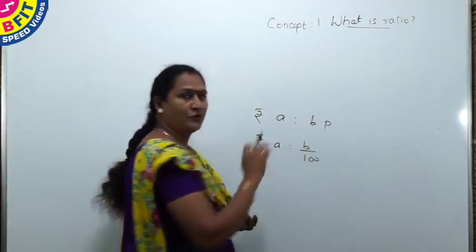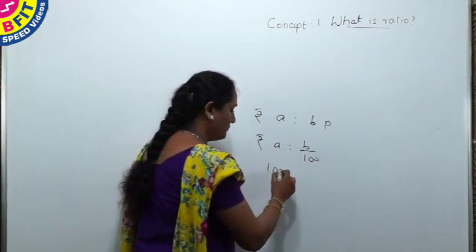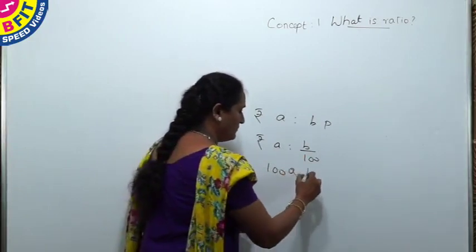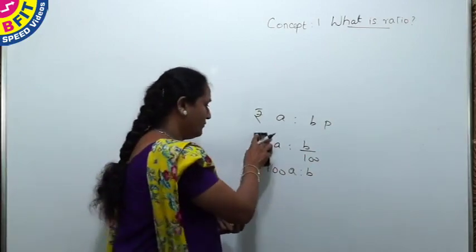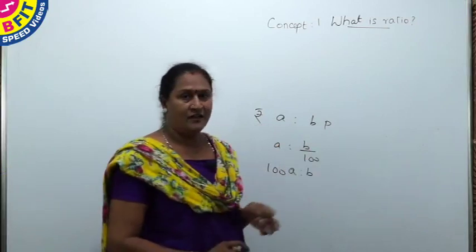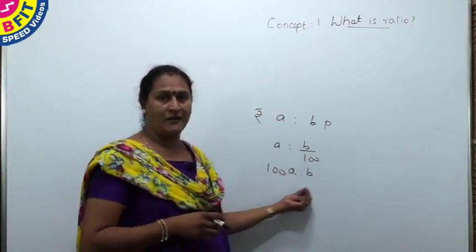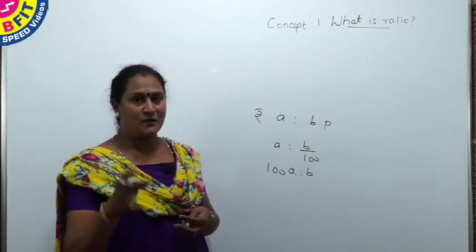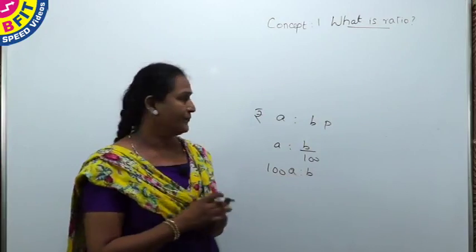This is also in rupees. Which will result in 100 A is to B. Here both same units get cancelled. When we are converting, it is better to convert to lower units. So 100 pies is 1 rupee, and we have the ratio 100 A is to B.